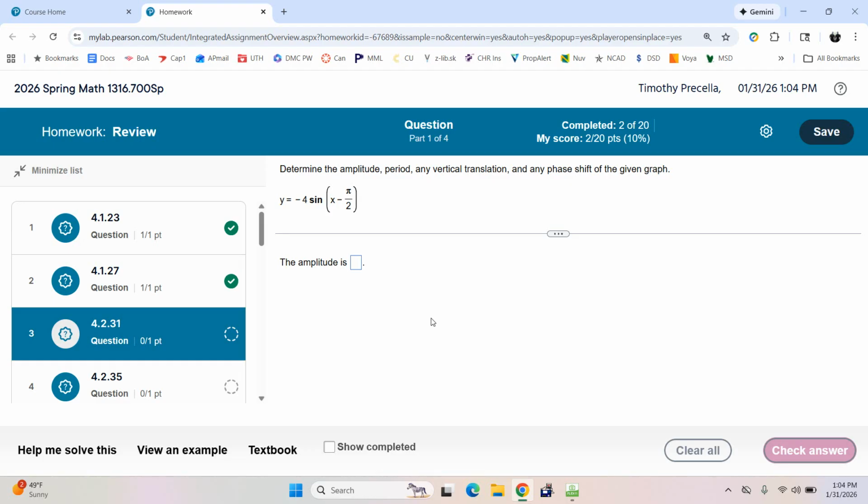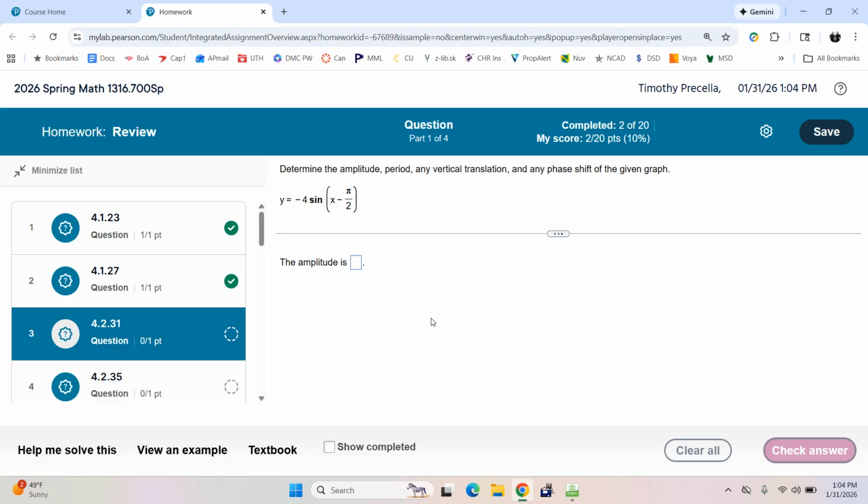Well, the amplitude is the absolute value of the number that the trig function is being multiplied by. Sine is being multiplied by -4, so the absolute value of -4 is +4. Amplitude is always positive because it's a distance.